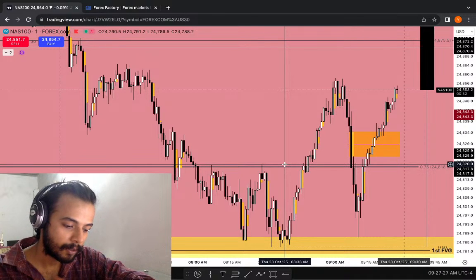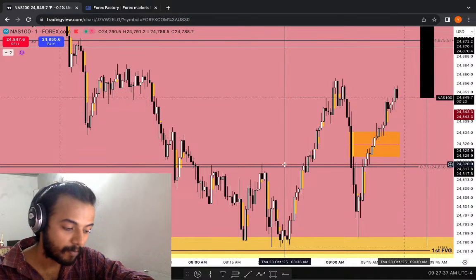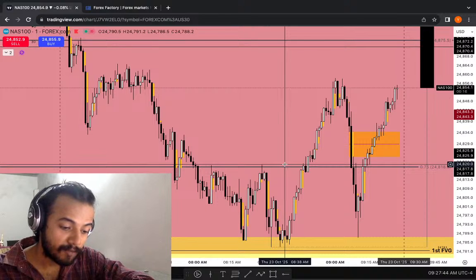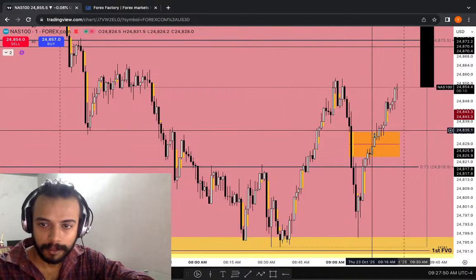Basically stop run, and then this is very important, guys. This is really important. And then the very first fair value gap before the stop run should completely fail and act as the inversion fair value gap, targeting the opposing pool of liquidity.